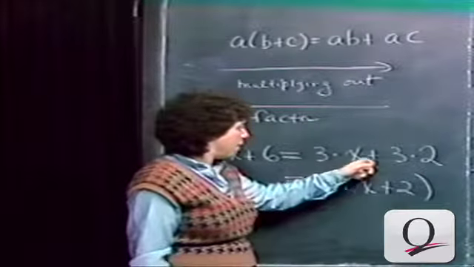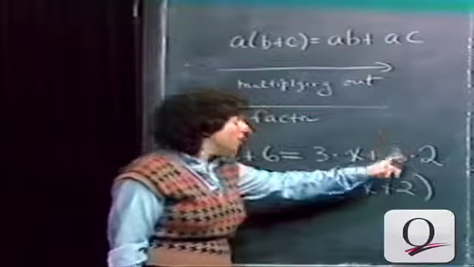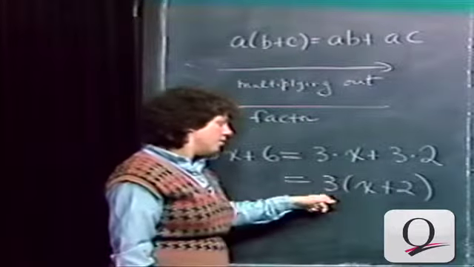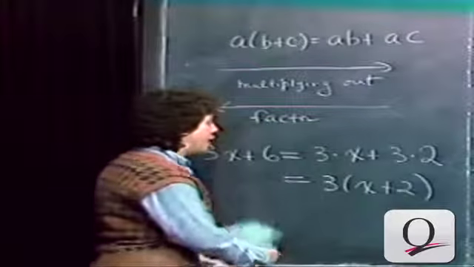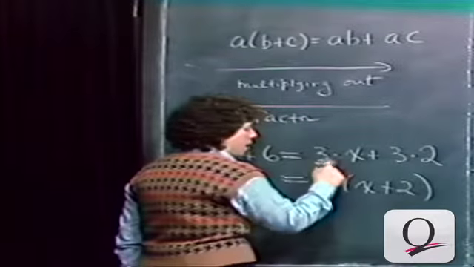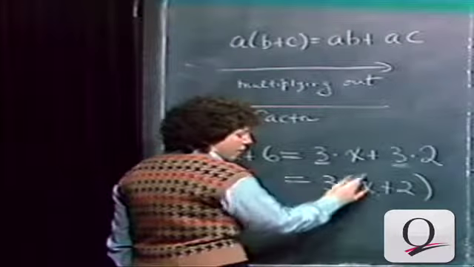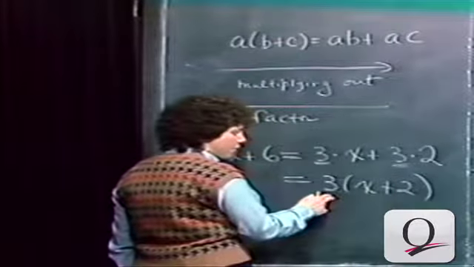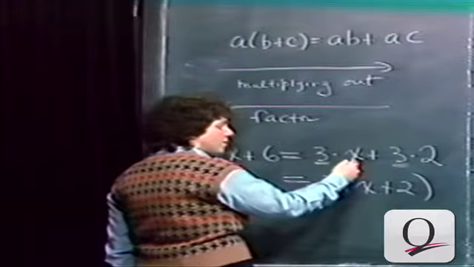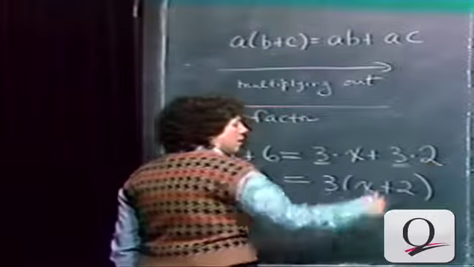That is AB plus AC is equal to A times B plus C. In other words, we may factor out the 3. AB plus AC. We factor out the A and we're left with B plus C. We factor out the 3 and we're left with what remains in each term, namely the x and the 2.